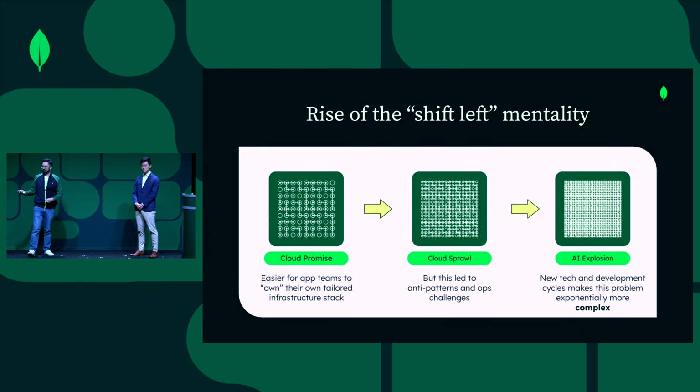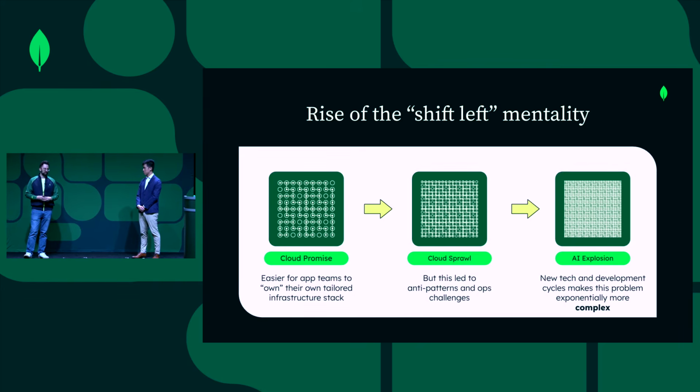The shift left mentality is not a new concept. It's been around for several years, really coined with the boom of cloud many years ago. Feels like a very long time at this point. And the promise when cloud really started coming to fruition was that it was easier for application teams to start owning more of their stuff. Whatever that stuff may be, operating those services, the management of those services, the security of those services.